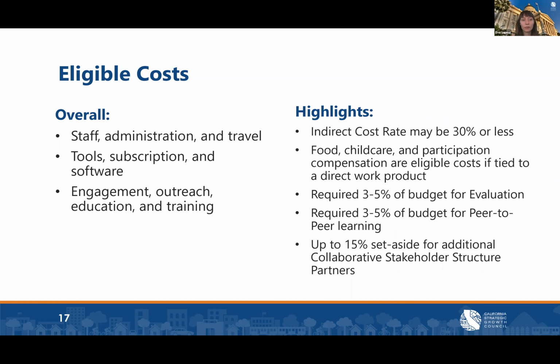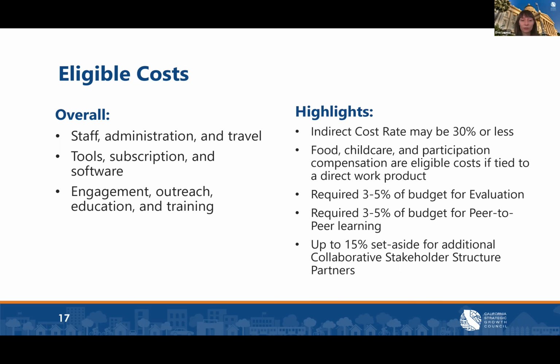And so here we have listed out all of the eligible costs. These are essentially all of the costs that are related to capacity building, community engagement, training, all of the activities of the collaborative. That could include staff time or salaries for staff. It could include administration and travel.